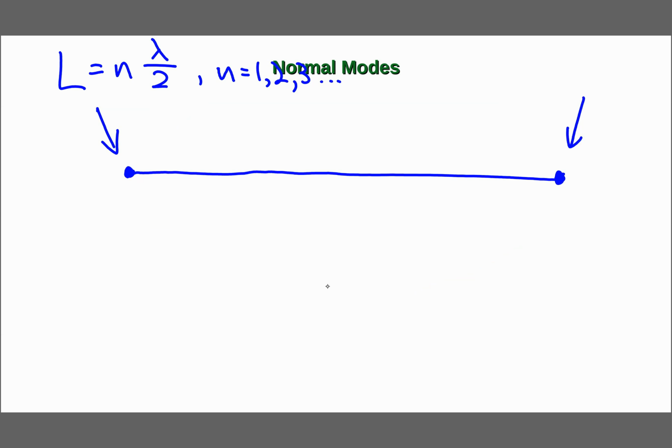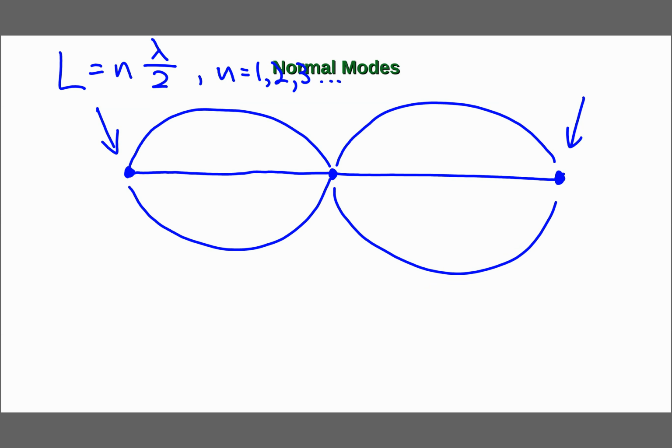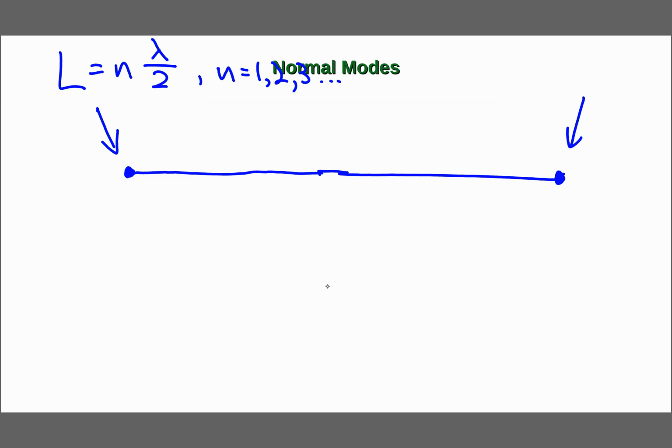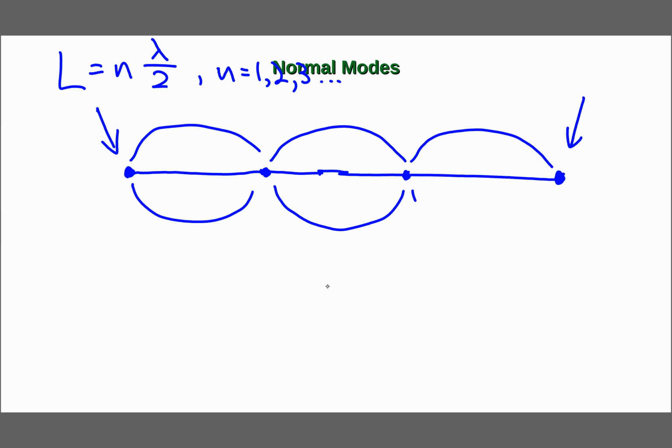If L is a full wavelength, then I could have a node in the middle and vibrations like this, right? If L was 3/2 of a wavelength, then I could put 2 nodes into the middle like this and have these 3 sections that vibrate like this, okay?